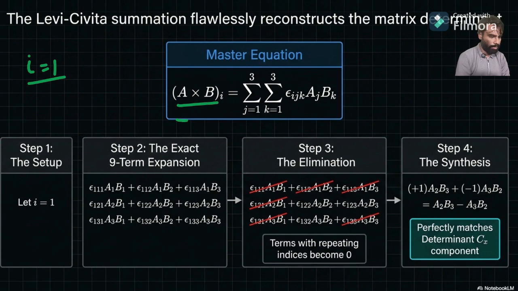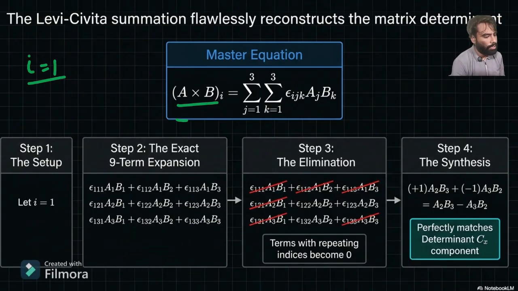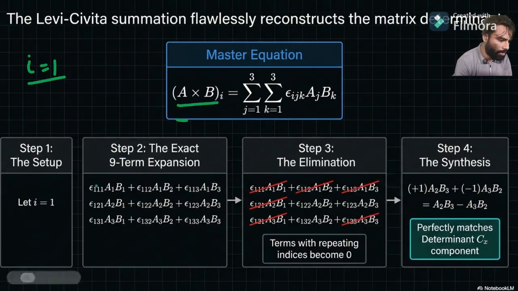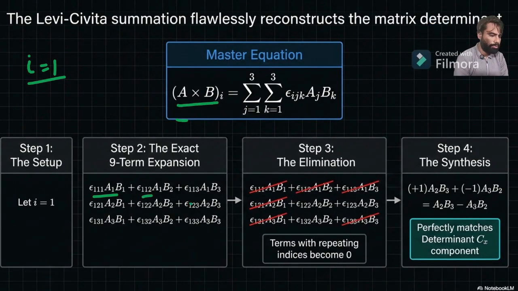For this epsilon, the interesting thing is that in the previous slide we have seen that the Levi-Civita symbol does not allow repeated indices. So here, 1 1 will not be there, it will be 0. 1 1 2 is also a repeated term.